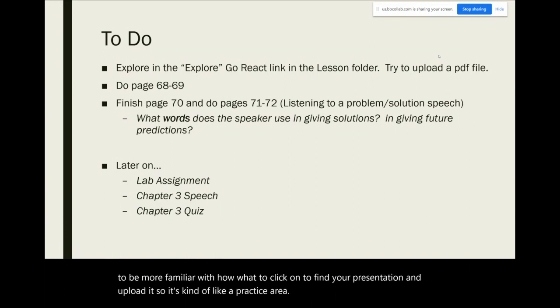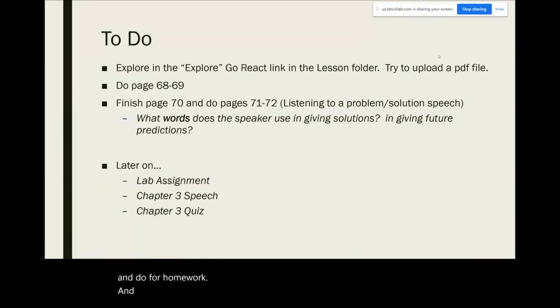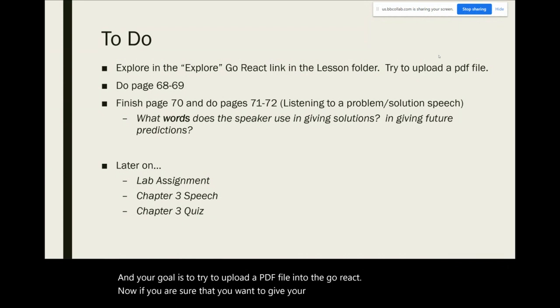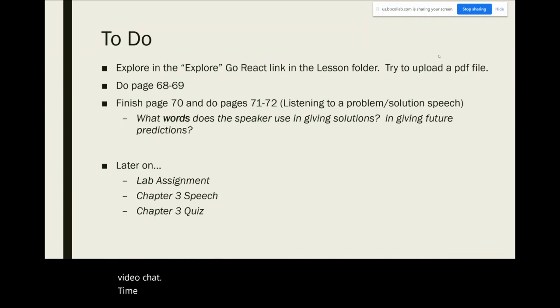I posted that in the lesson folder. It's on textbook assignment 3, and right under that, explore Go React. Those two things you're going to open and read and do for homework. Your goal is to try to upload a PDF file into the Go React place. Now, if you're sure that you want to give your presentation speech in our video chat time next week, you don't need to do the Go React thing.